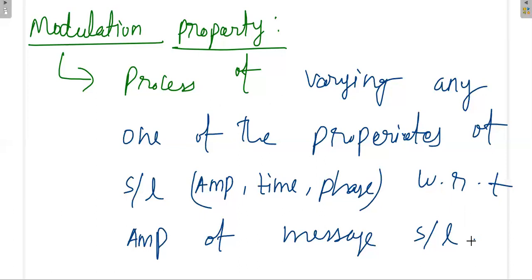For that we are using the carrier. Here carrier means it's like a bus or flight. Information is ourself. So modulation is simply varying any one of the properties of the carrier signal with respect to the amplitude of the message signal. This is the very important basic concept of communication engineering.